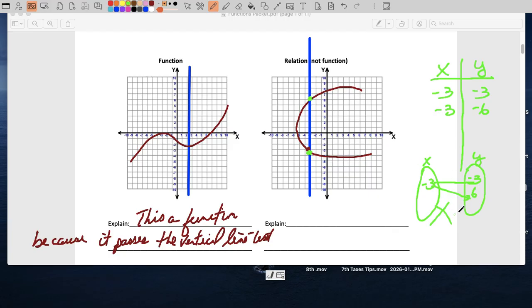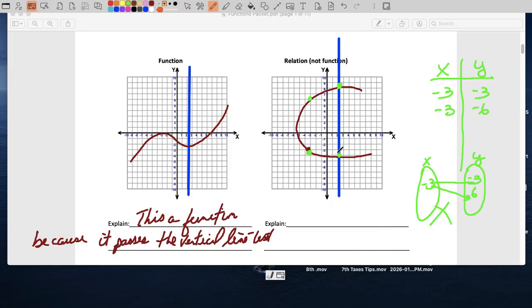And this obviously is not a loop, right? Instead of doing the table and the points, we can just easily take a vertical line and move it across. Notice that it fails all these spots as I move the blue vertical line across that function. It fails because it's meeting in two different spots at the same time.